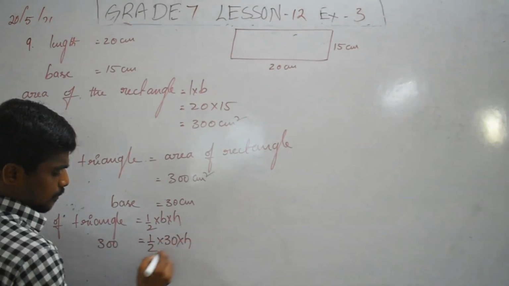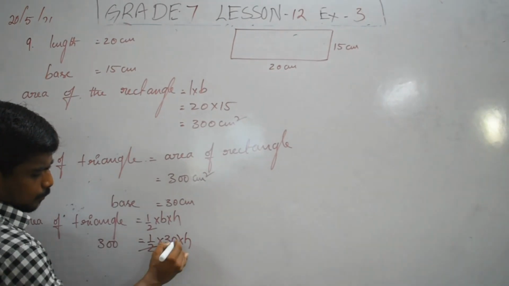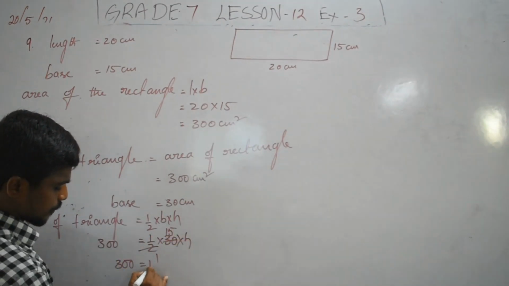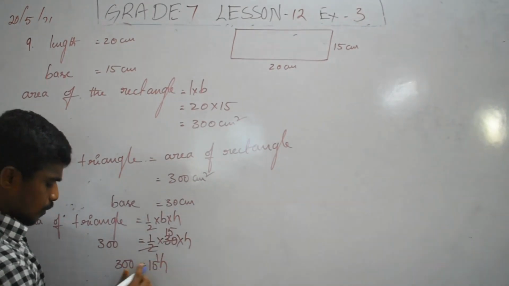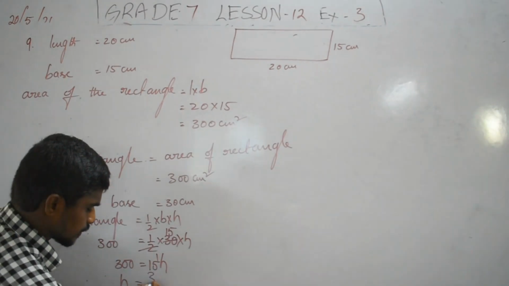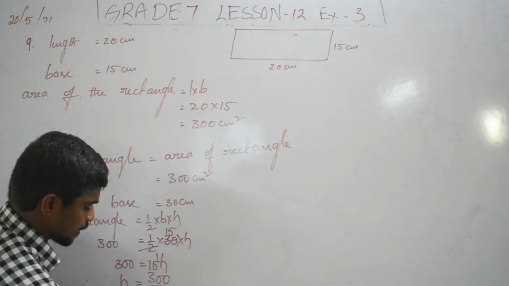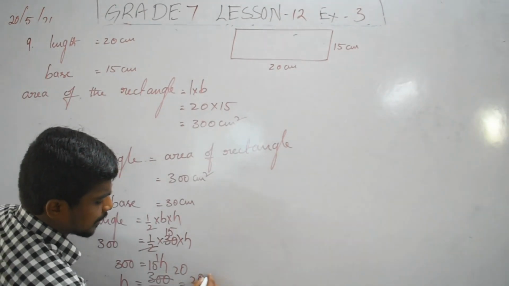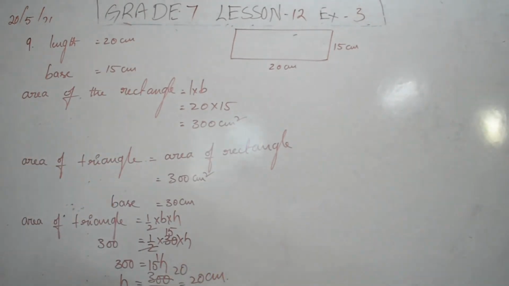Height we don't know. 2 ones are 2, 2 fifteens are 30. 300 equals 15 H. So H equals 300 by 15, with this 15 moving this side. 15 ones are 15, 15 twenties are 300. So height equals 15 centimeters.